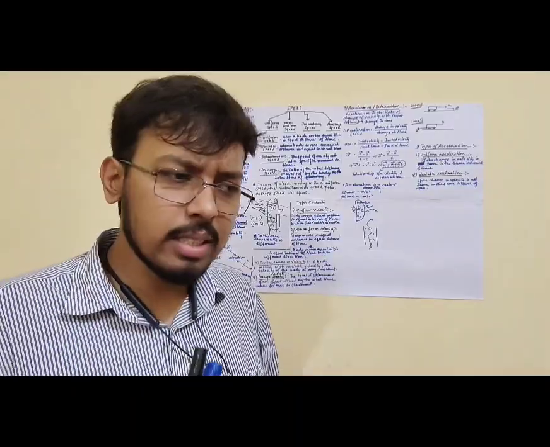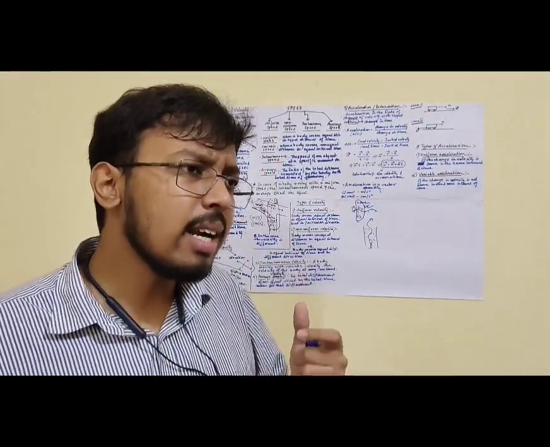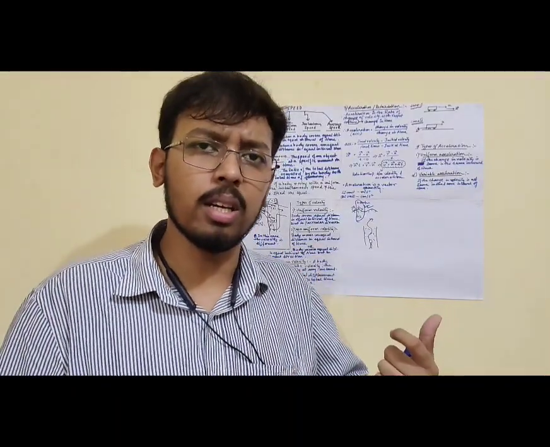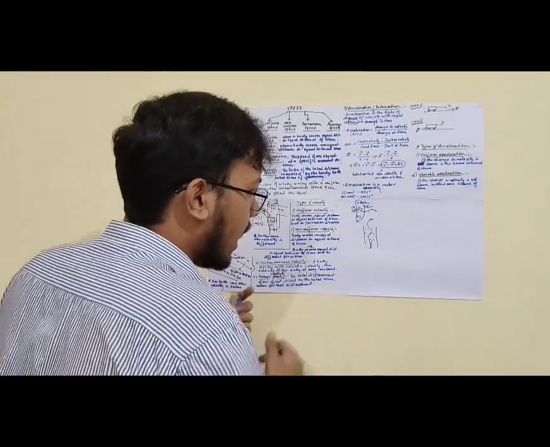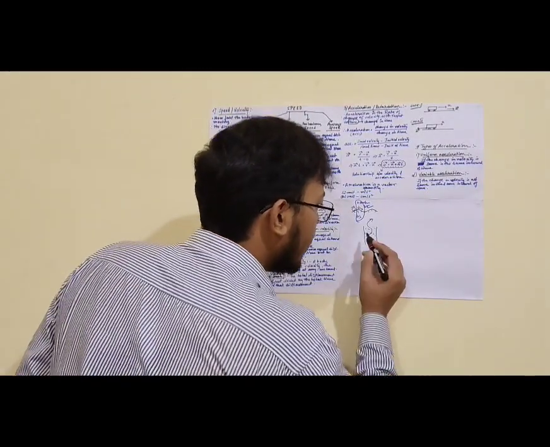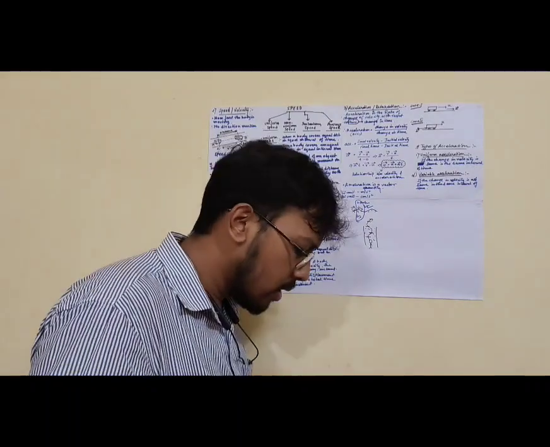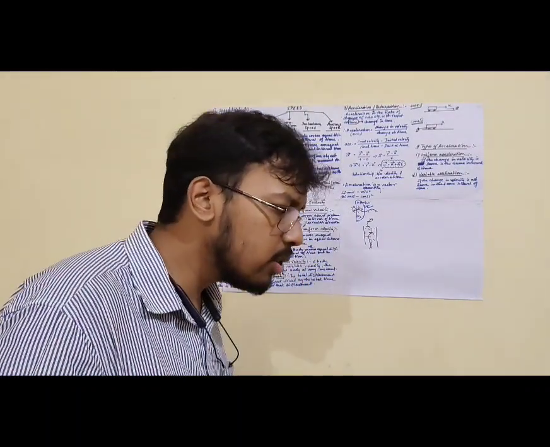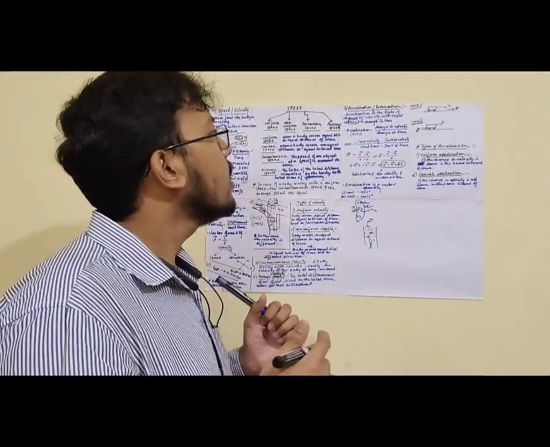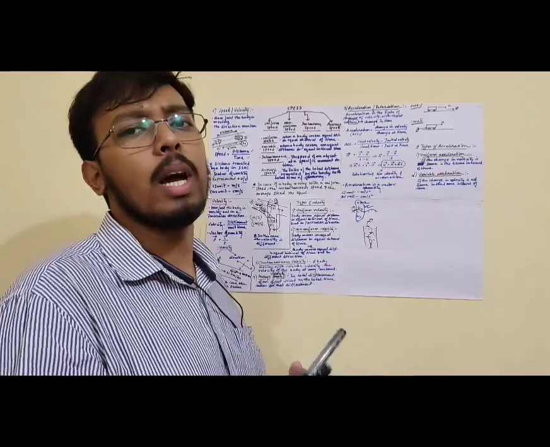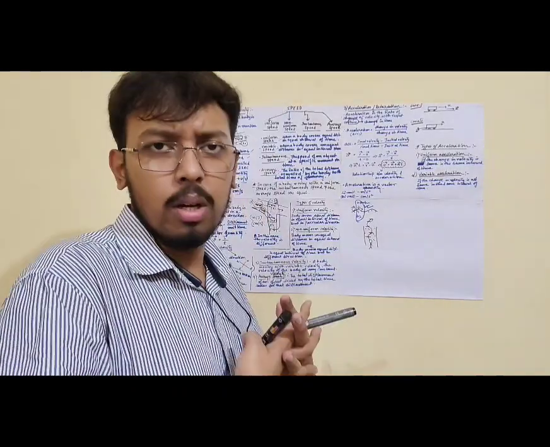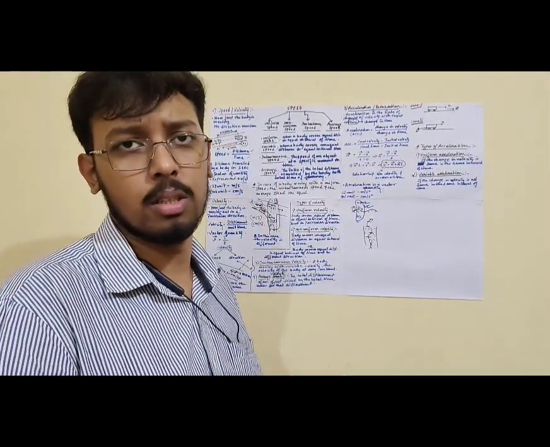So by this we can say that the rate of change of velocity, you can see that in every moment your velocity is changing. So the rate of change of velocity with respect to time is called acceleration.